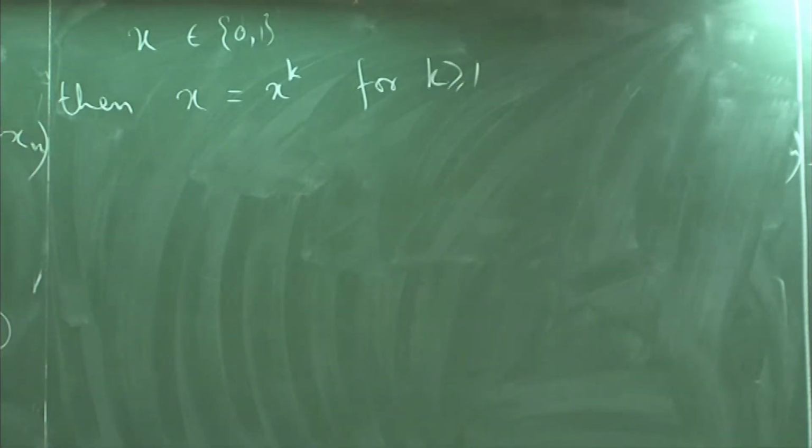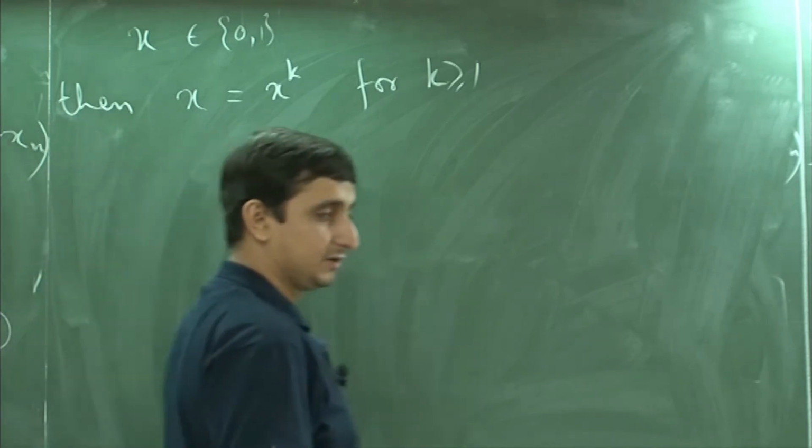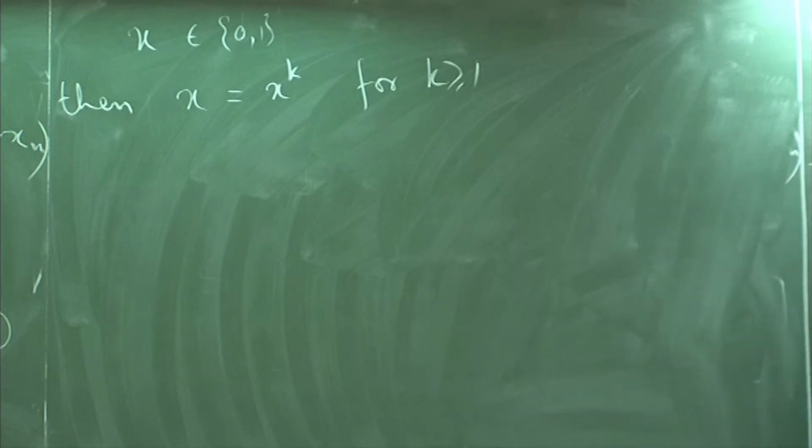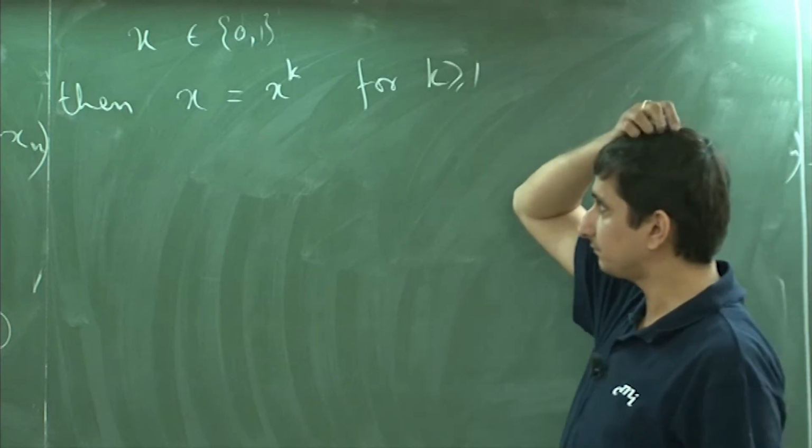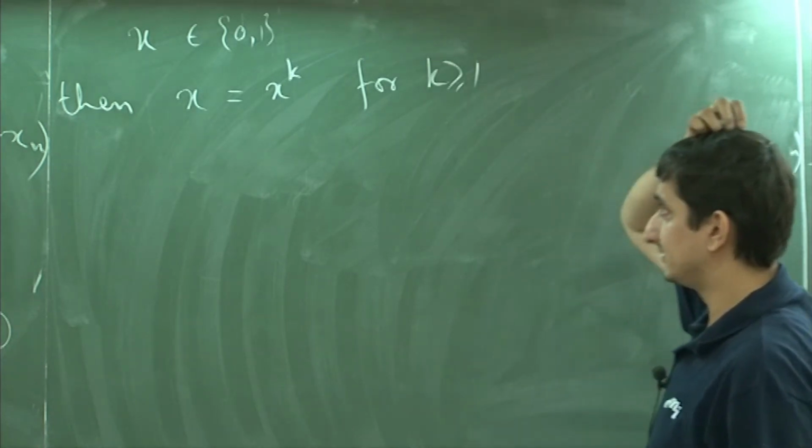If x is 0, then x to the power k is equal to 0, and if x is 1, then x to the power k is again equal to 1. Of course, this does not happen for other values, but it is sufficient for us, because we are only dealing with inputs from 0 and 1.